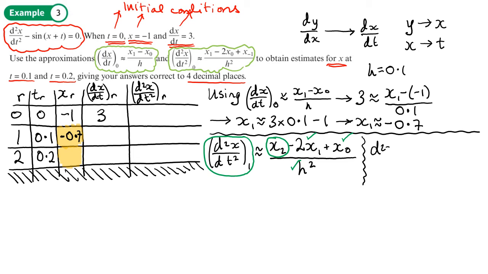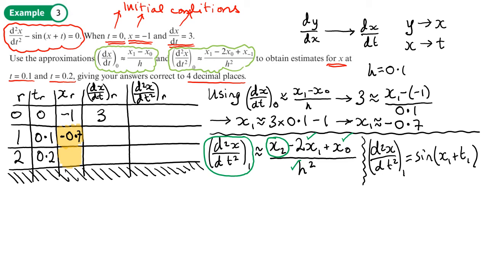So d squared x over dt squared 1 is equal to, so all I'm doing is now rearranging this. I can take all of this, put it on the other side. So it will equal sine of x plus t, or in my case, sine of x1 plus t1.